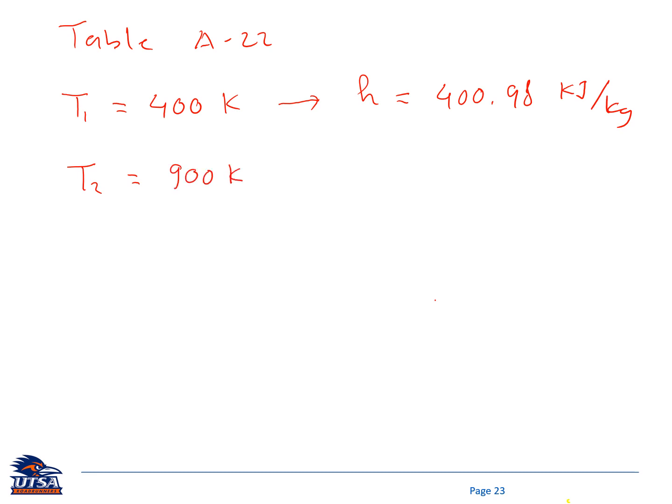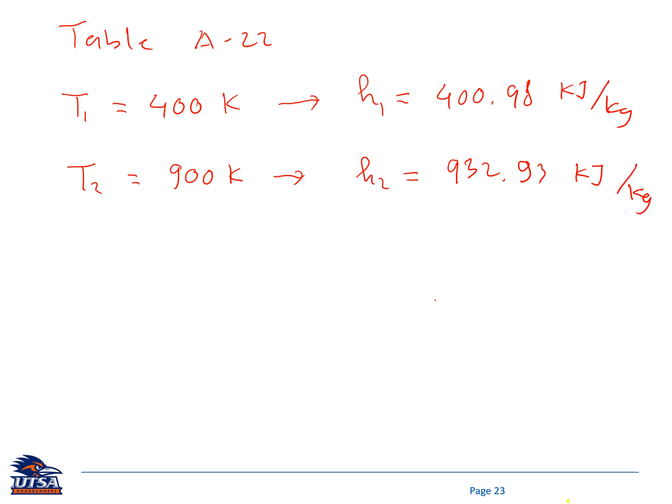Go to the same table. You might need to go to the next page if 900 is not on the same page as 400 Kelvin. Then you will get h2 equal to 932.93 kilojoule per kilogram.